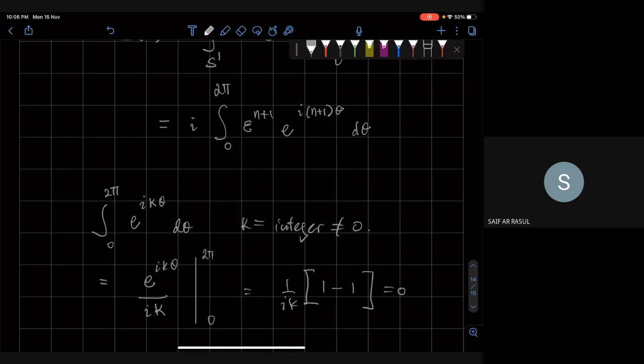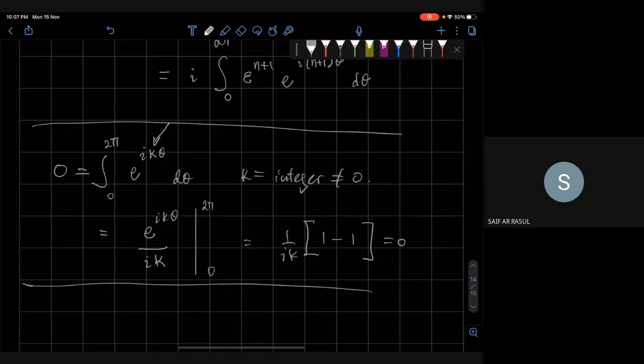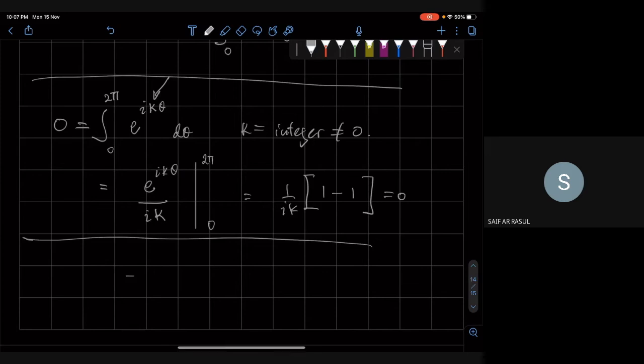Okay? So this thing is 0, as long as k is a non-zero integer. So if I use this in my above integral, then we see that I of n is 0 if n is an integer.